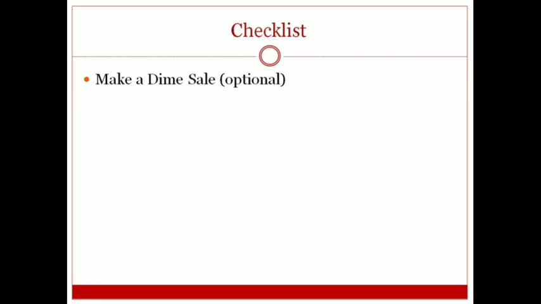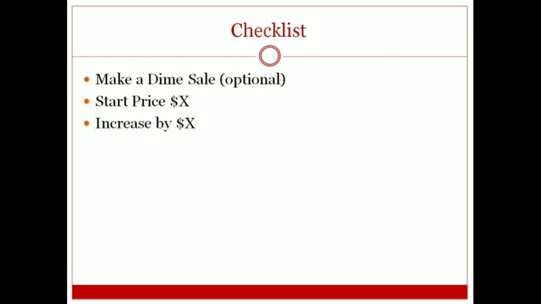If you do want to make a dime sale, and of course if you don't, you can always fast forward to the next slide. But if you want to make a dime sale, which basically means that you start at a lower price and then every time somebody buys, it increases a certain amount until it hits a maximum price. So you're going to need to know the starting price.